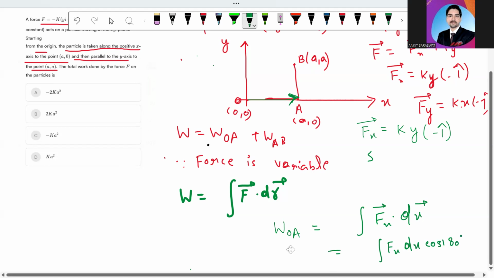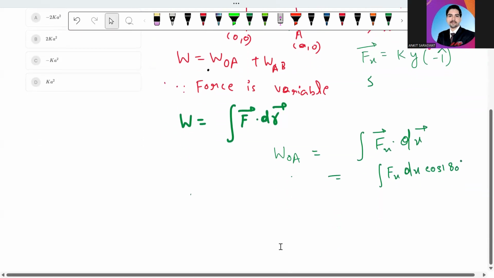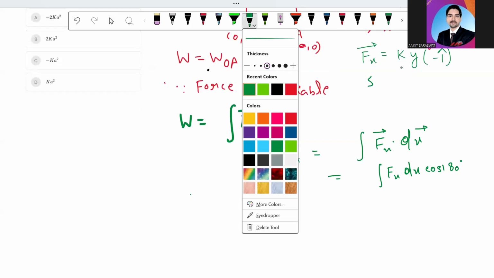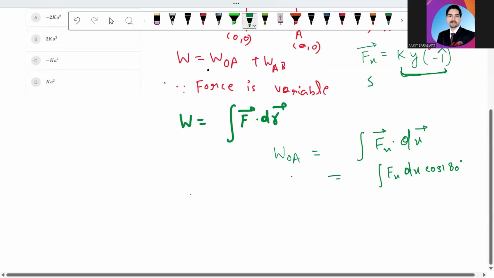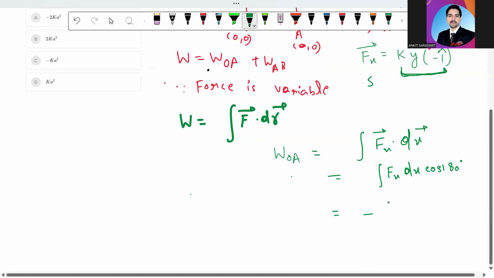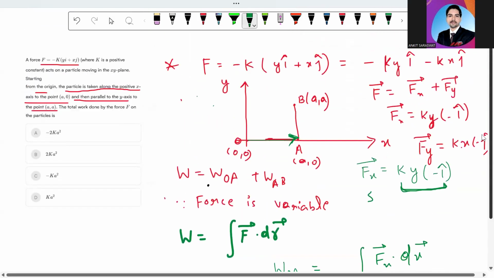There you can check Fx is what? Ky multiplied by minus i. Minus i means direction is negative i axis, which means negative x axis. So minus Fx is what? Ky dx. We are integrating along the x axis, where x is increasing from 0 to a.